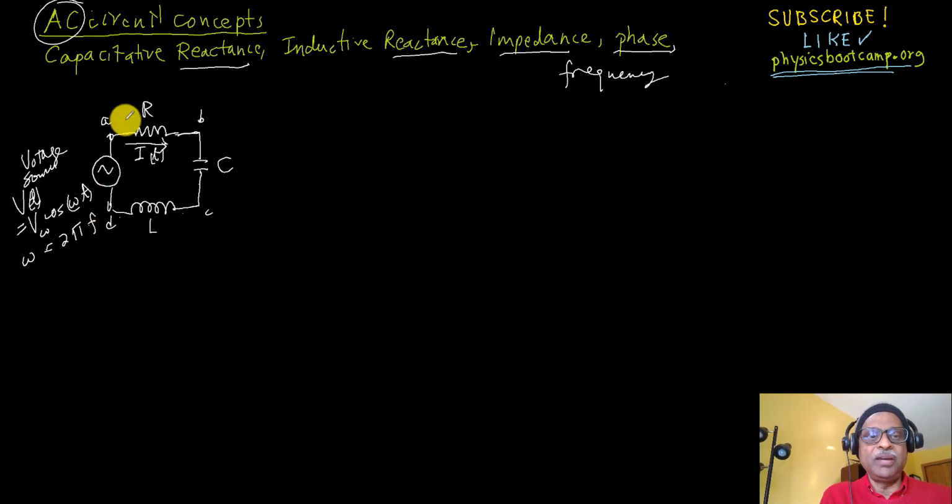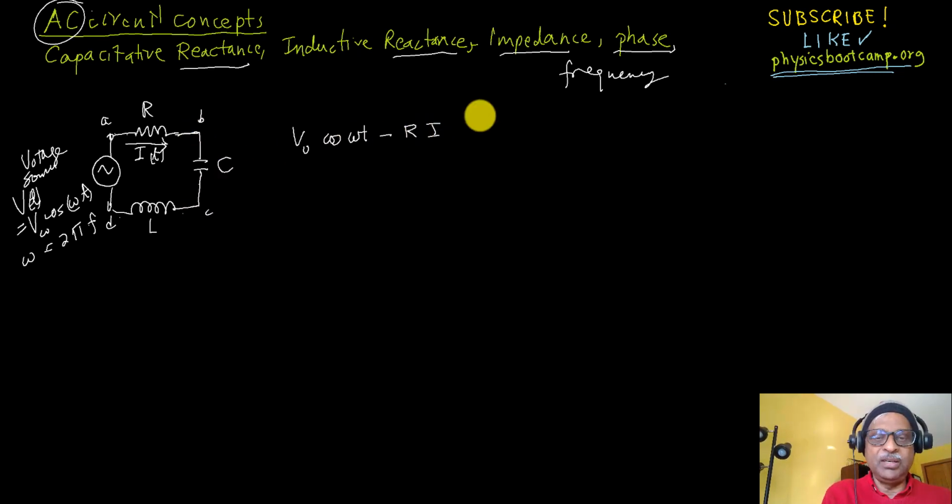Although this is not a static circuit, if you go around the circuit doing the E dot dl, you can recast the whole thing. I go from D to A, and I pick up V0 cosine omega t. I go from here to here, I get a minus Ri.